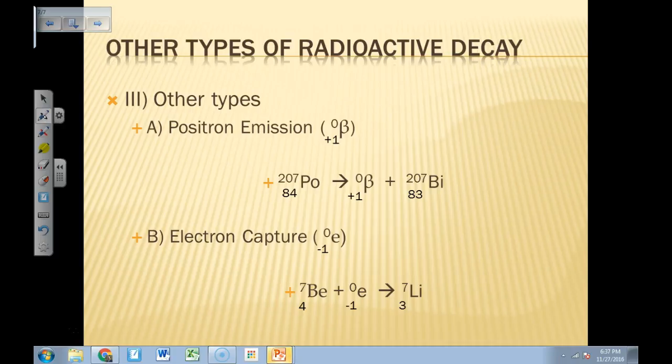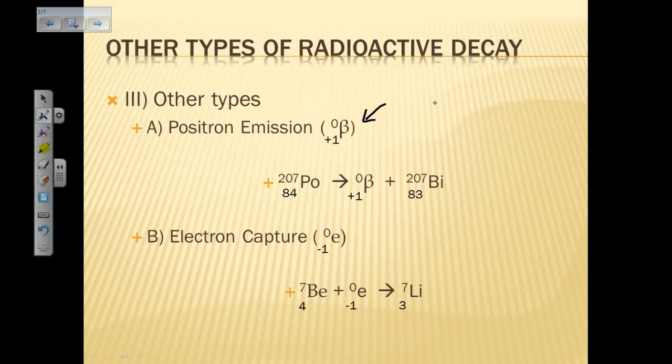During positron emission, a positron is an anti-electron. It is the anti-version of an electron. So it has the same mass but opposite charge as an electron.